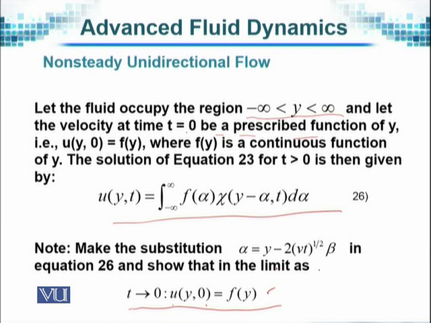So that's all the description of the fluid flow situation of non-steady unidirectional flow. And really what we have seen is that it amounts to solving the diffusion equation, or partial differential equation, of the fluid flow problems with boundary conditions.